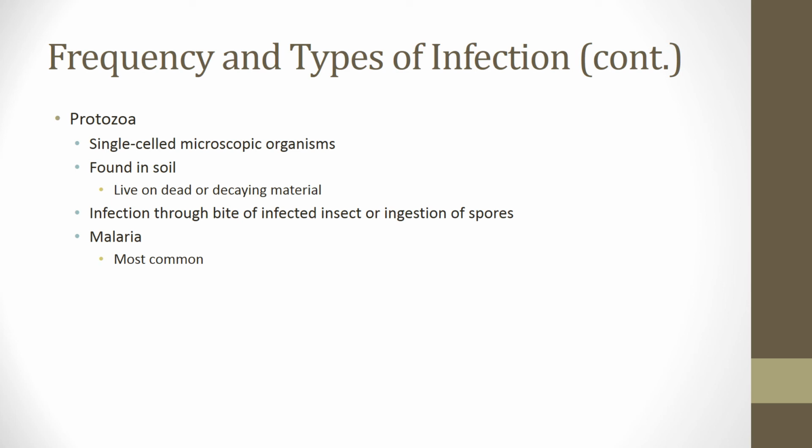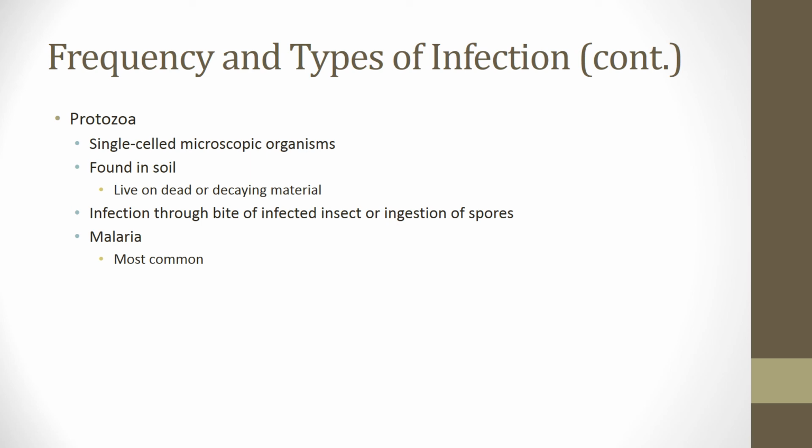And the good news is, in the United States, it's very uncommon. But what happens with malaria, the malarial infection, the protozoa lives in the red blood cells of the host and will cause the destruction of red blood cells.